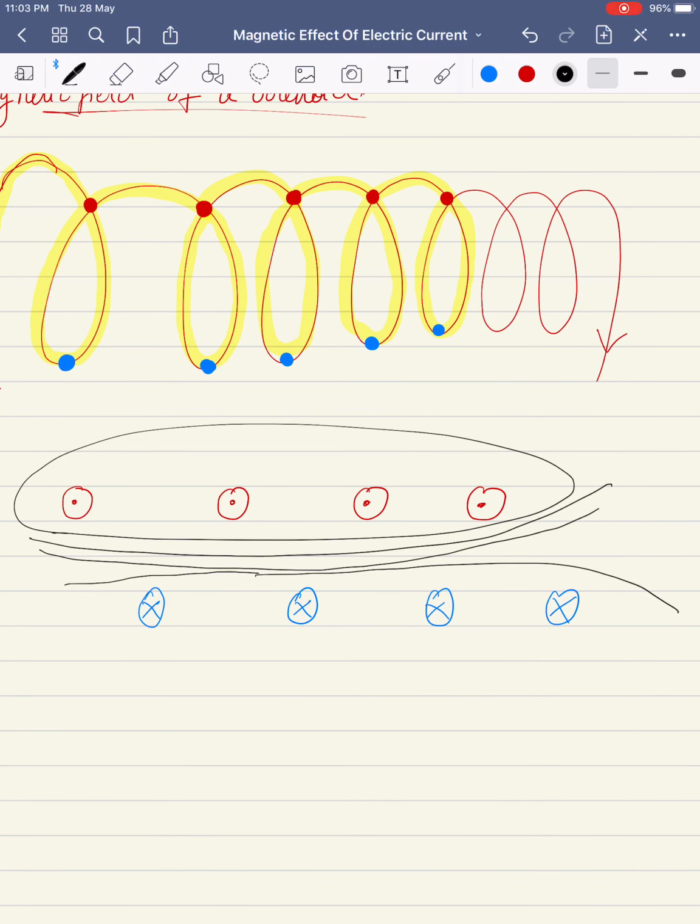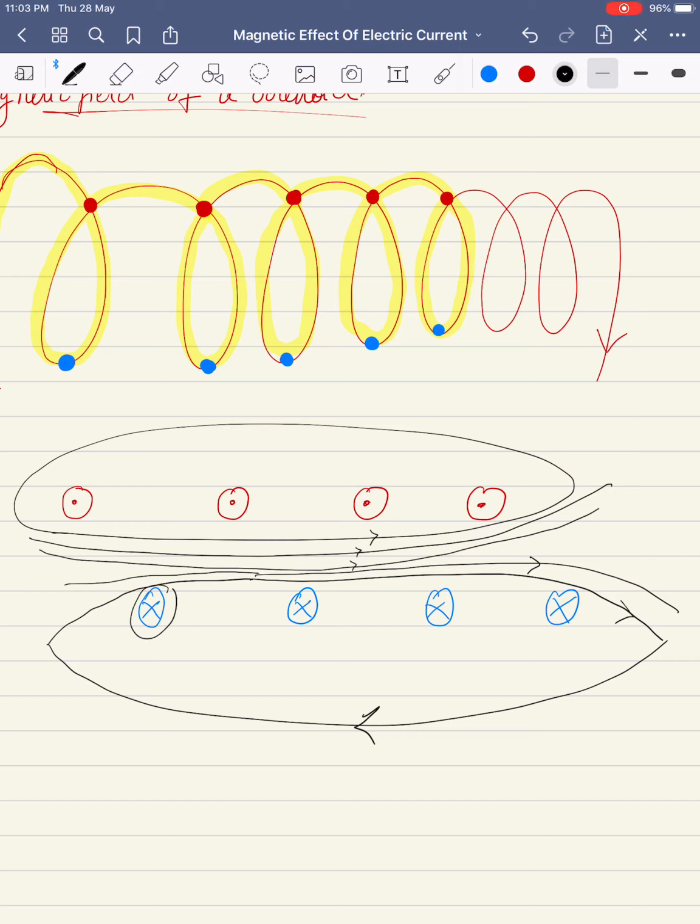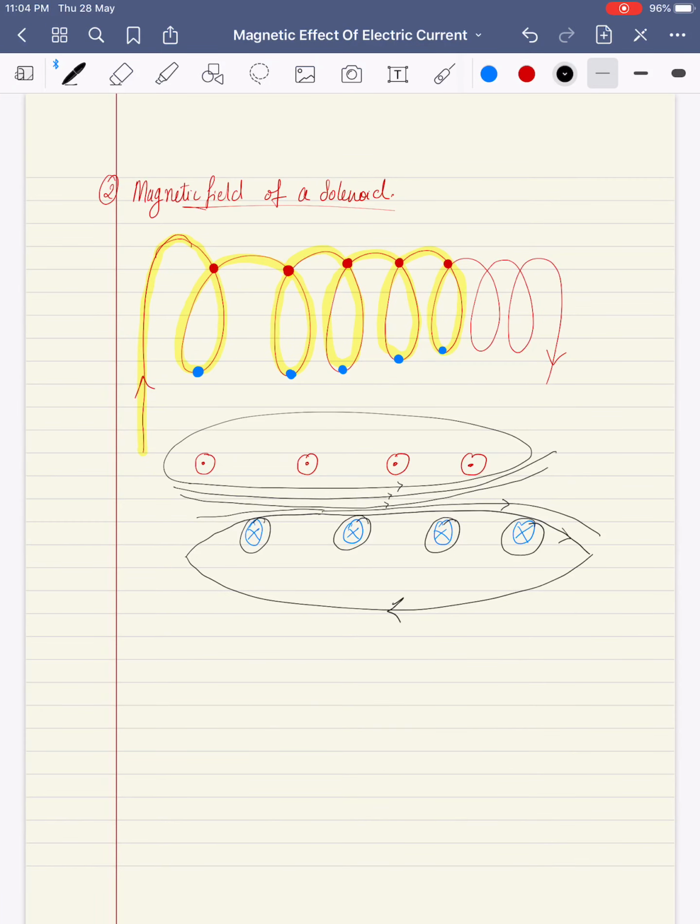So here if you check the direction of magnetic field, the direction of magnetic field is coming normally out of the plane of a solenoid. Okay, and this encloses a loop like structure. So basically each and every one of them will be having a loop of magnetic field, but what you actually observe is the strength of the magnetic field is more inside the solenoid.